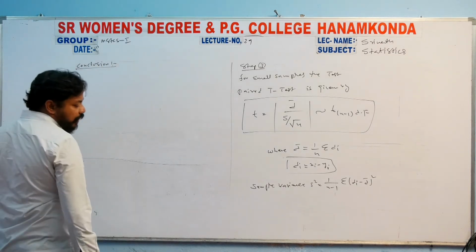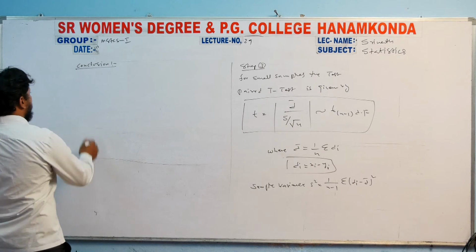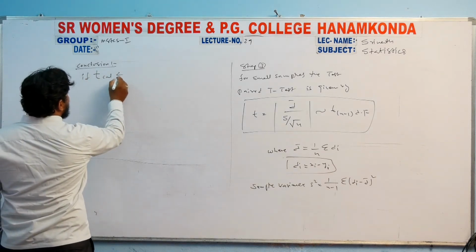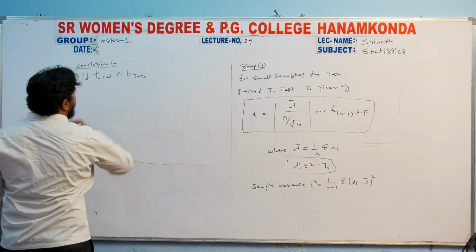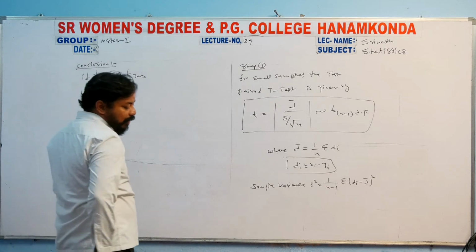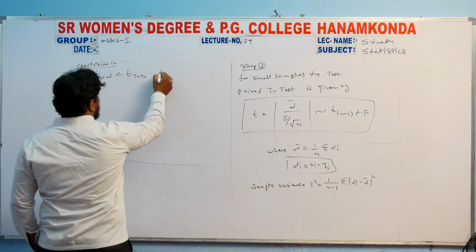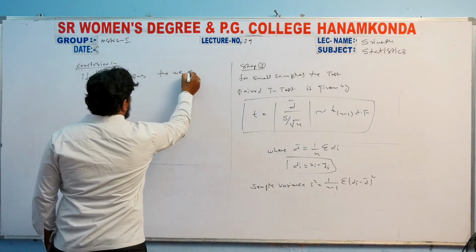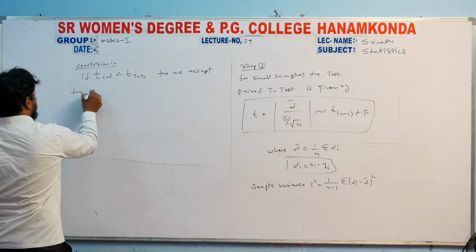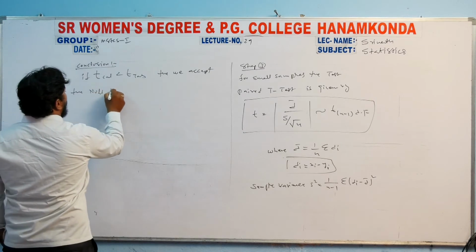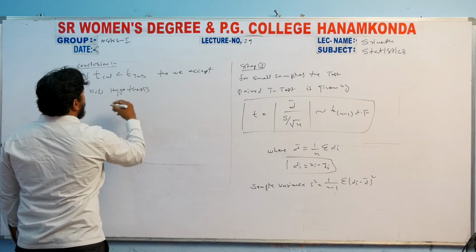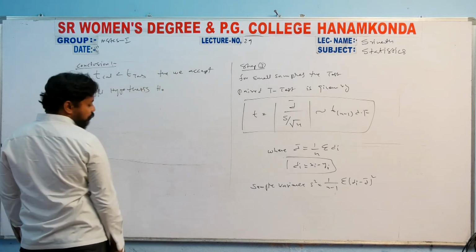In the conclusion part, we have two cases. If t calculated is less than t table value, then we accept the null hypothesis H naught.